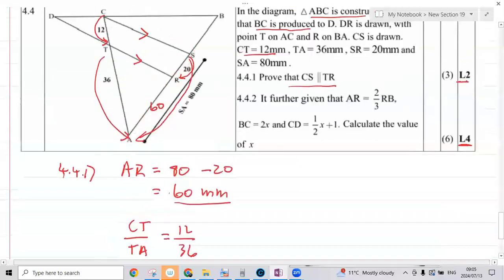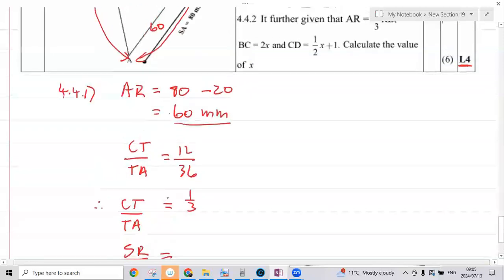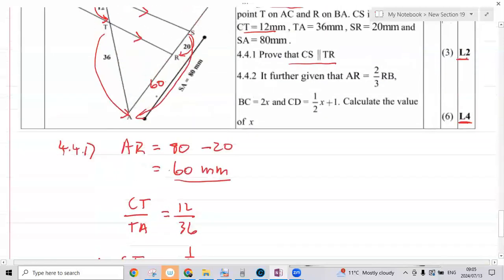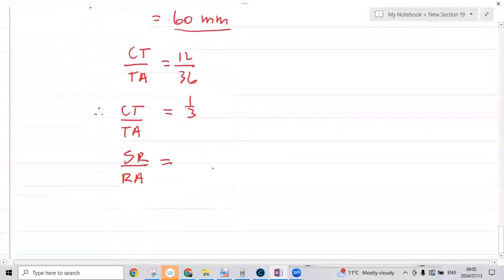Now let's look at SR over RA. So SR over RA equals 20 over 60. SR is 20 and RA is 60. So that'll be 20 over 60. And 20 over 60 is also going to give us 1 over 3.